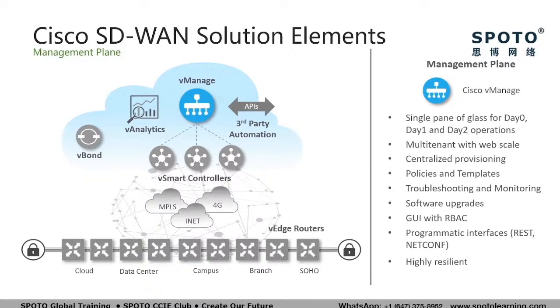Some of its key functions include centralized provisioning, centralized policies and device configuration templates, ability to troubleshoot and monitor the entire environment, and perform centralized software upgrades on all the fabric elements. The vManage GUI allows segregated administrative access by implementing RBAC for proper roles and responsibilities.